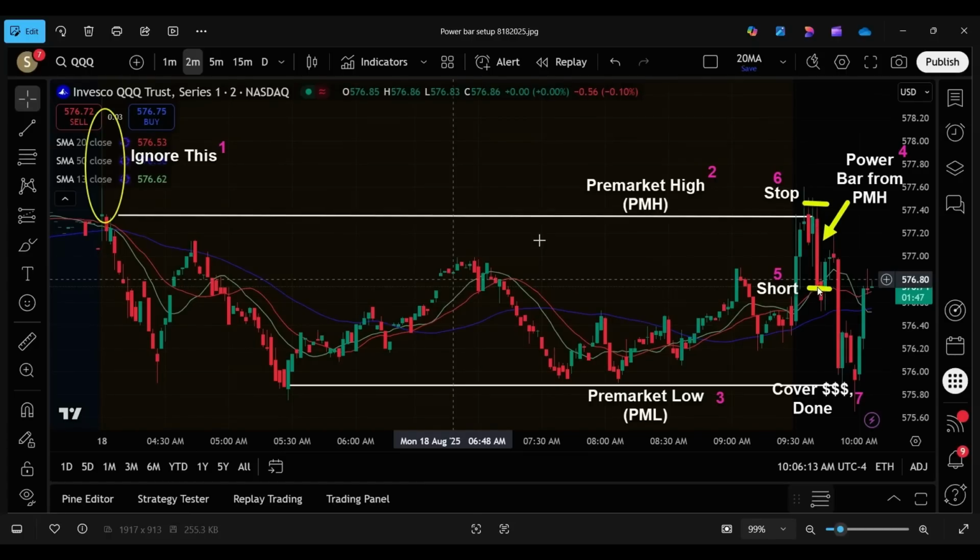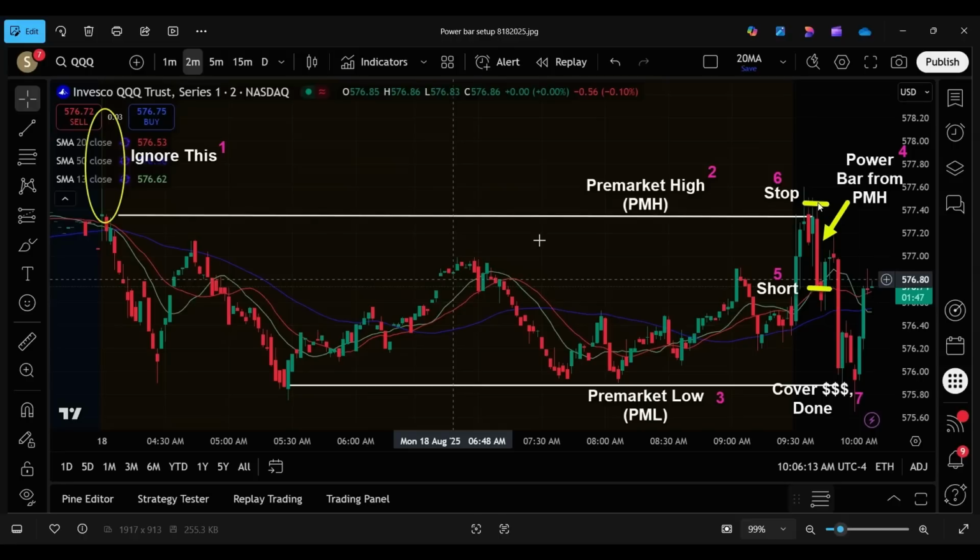Where that power bar closes, yes, you can anticipate it, but that's adding something to the trade that makes it more complicated and gives it a lower percentage chance of working, because you could get a bounce before this 2-minute bar finishes. Short when that bar closes.